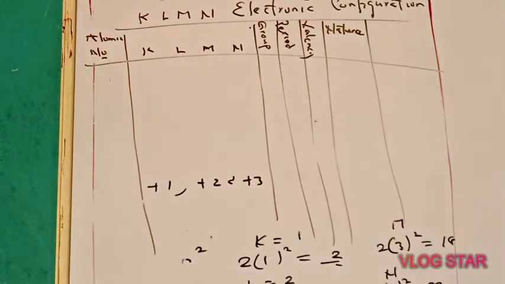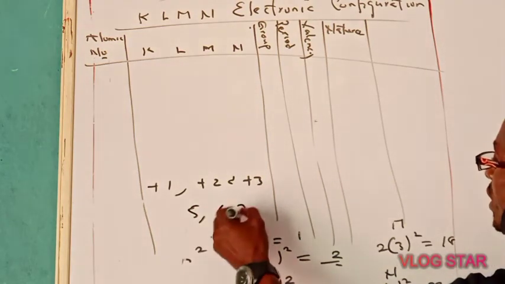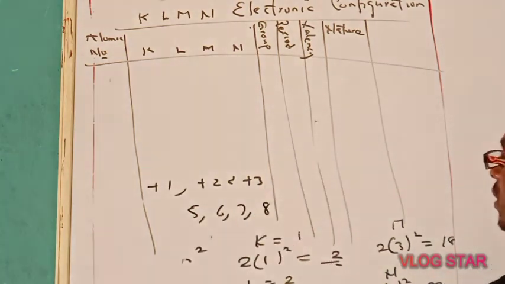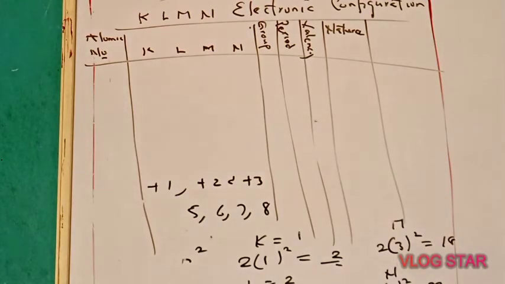But non-metals have more electrons, 5, 6, 7, 8, in their outermost shells. Meaning they require extra electrons.